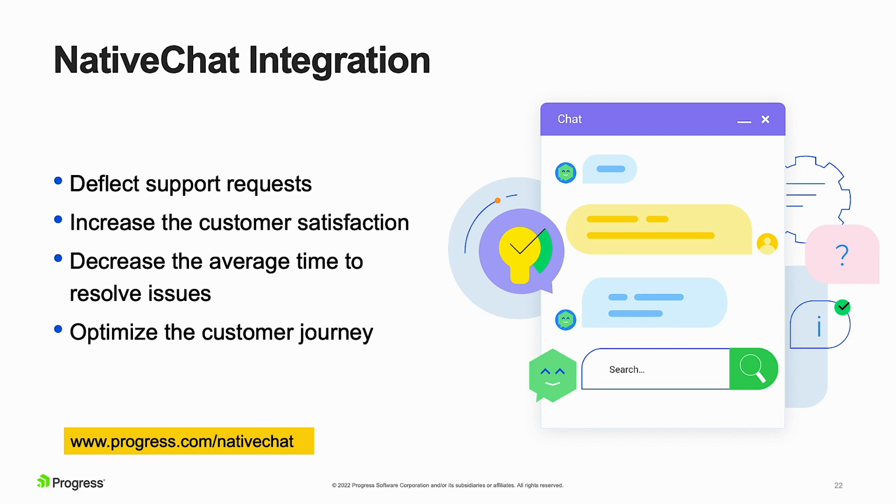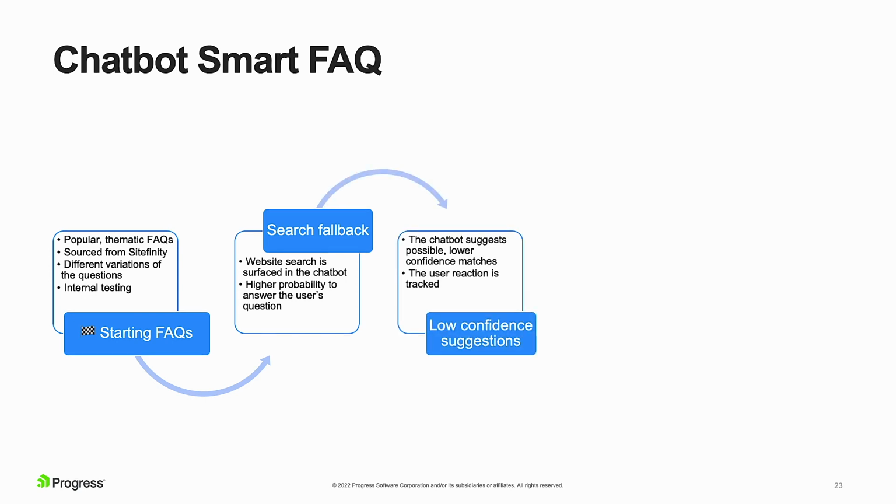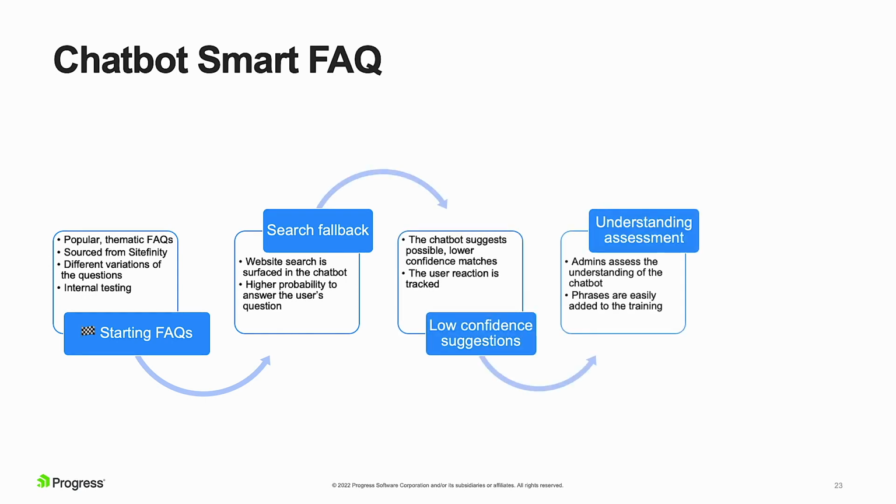So let's have a look at one of the enhancements that we've introduced with Sitefinity 14.3. With the most recent release, you can now leverage NativeChat integration to answer frequently asked questions that your visitors might have. There are a couple of steps in the process.